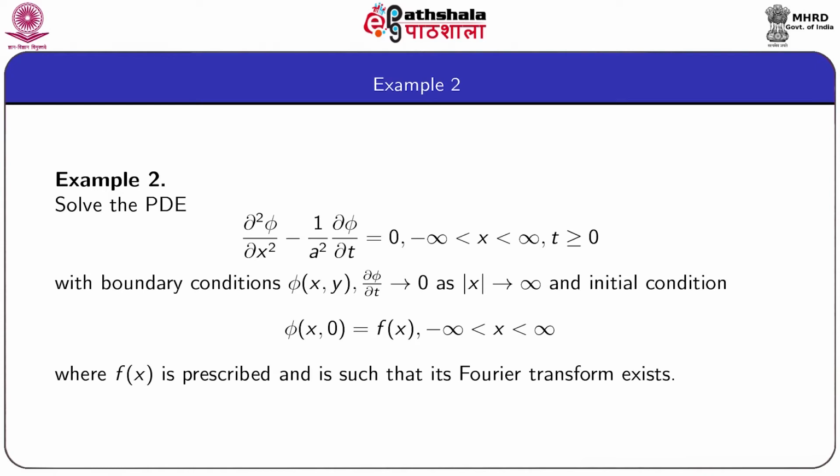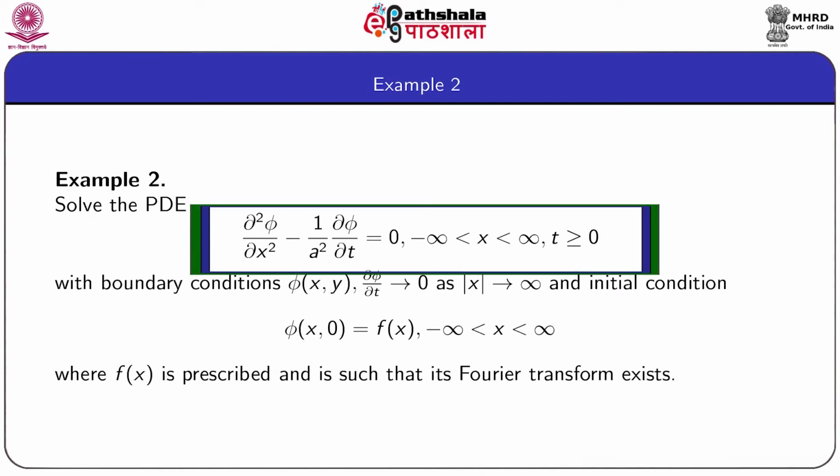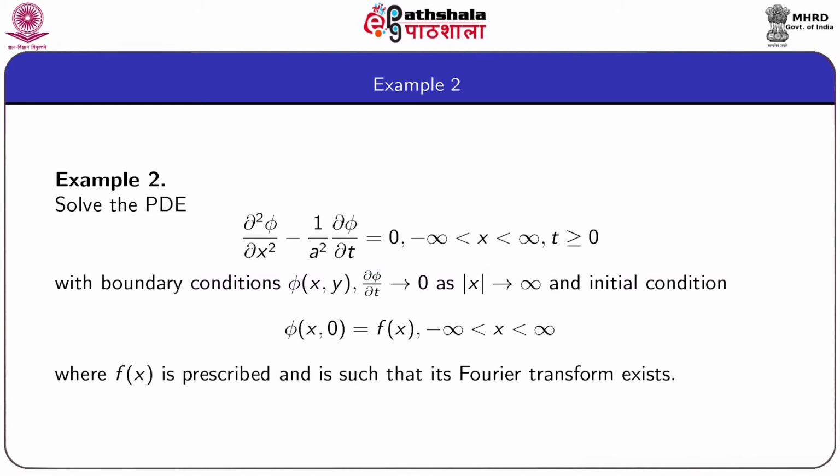Here we shall solve the partial differential equation in phi(x,t) given by del square phi by del x square minus 1 by a square del phi by del t equal to 0, where x ranges from minus infinity to plus infinity and t is greater than or equal to 0.